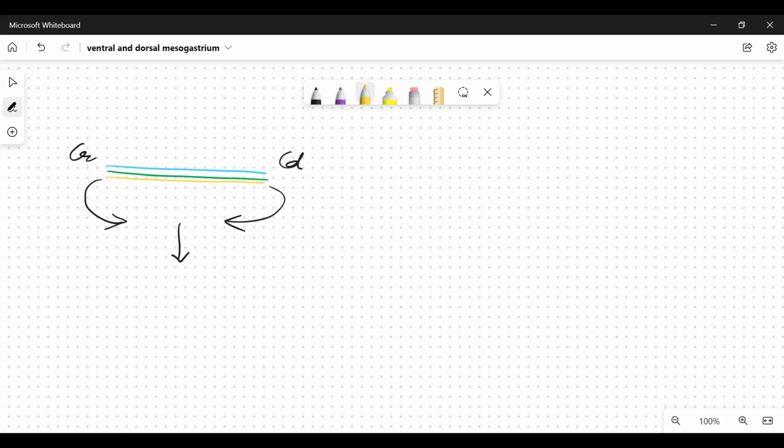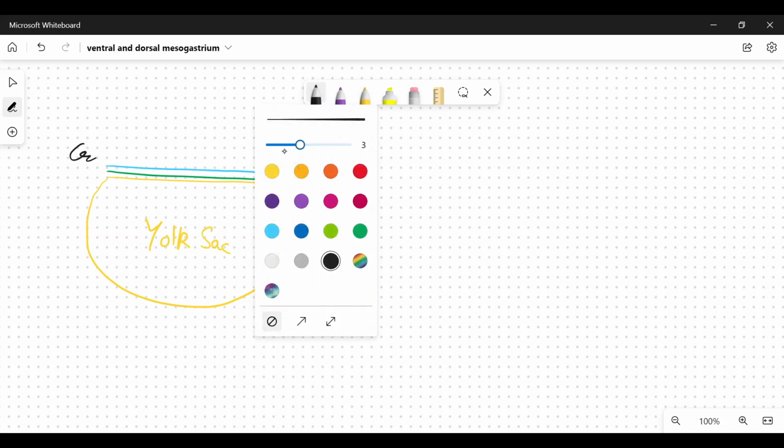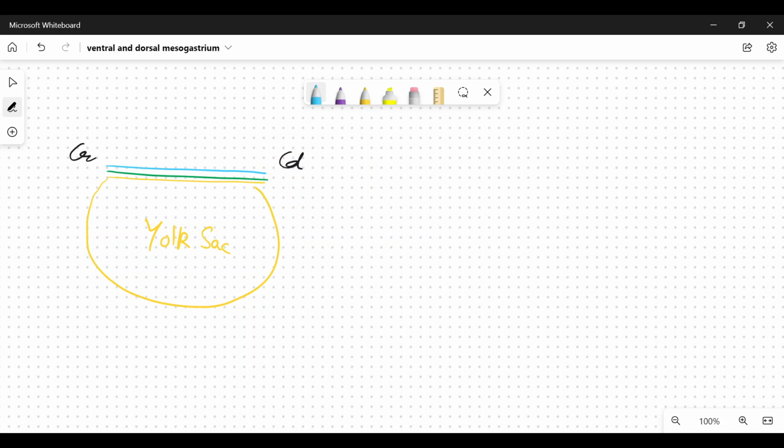Also, one more thing, remembering first that initially the endoderm was continuous with this sac-like structure, the yolk sac, right? Whereas if we also draw it, another cavity was there above the embryo, that was the amniotic cavity, right? Okay.